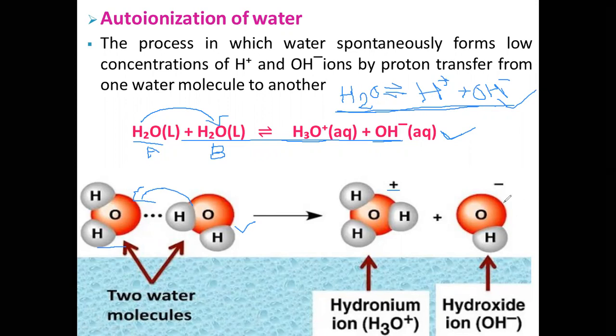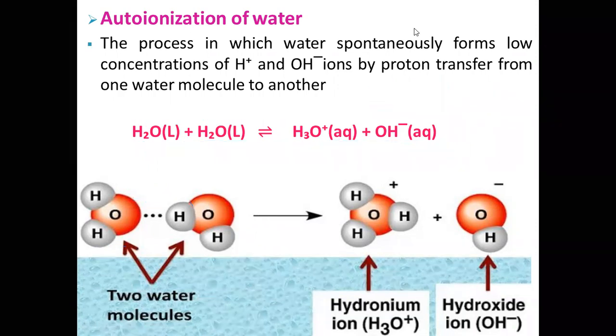So here the hydroxide anion forms, right? And this process is called the autoionization process. Now, as you can see in this reaction, the bond is a reversible bond. This bond is very important in this reaction.